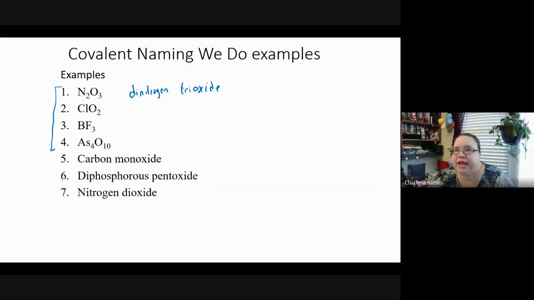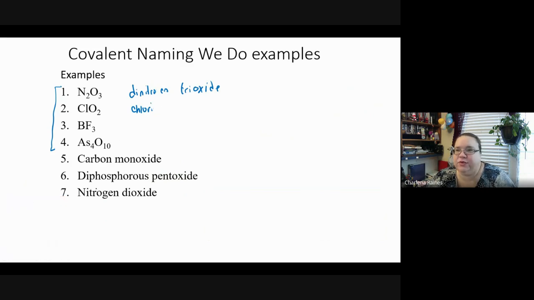Number 2, ClO2. Cl, 1 Cl. Mono means 1, but we don't use mono on the first element. So this thing is just chlorine. Can't spell chlorine all of a sudden. Chlorine dioxide.